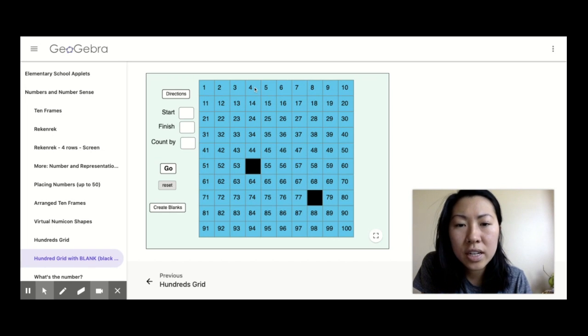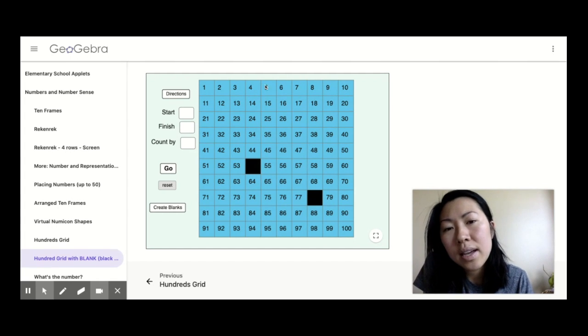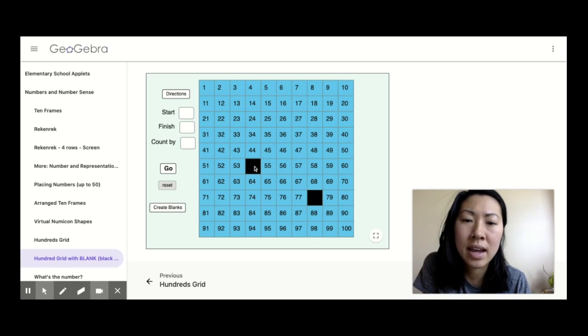So let's do the next missing number, right? And let's look at the column again. Let's see what we notice in the column. There are 4s all the way down in the ones place. So we know that this is going to have 4 in the ones place. And now let's look and see how many tens we are going to have.